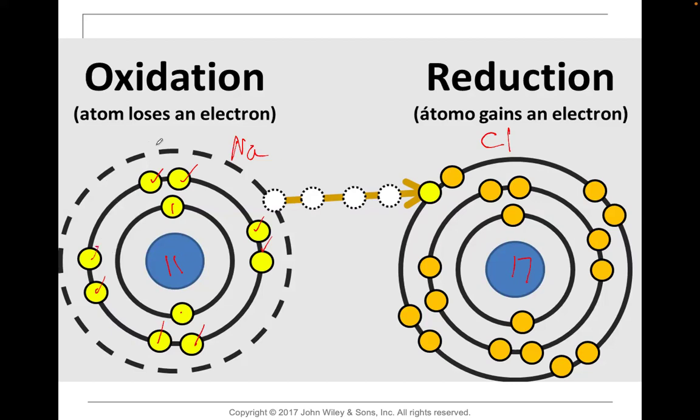We need 11. So we have to add that additional electron shell, and then there is the 11th. But now in the outer shell, remember, we have something called the octet rule, and the octet rule tells us that the outer shell needs 8 electrons. There's only 1 in that outer shell.